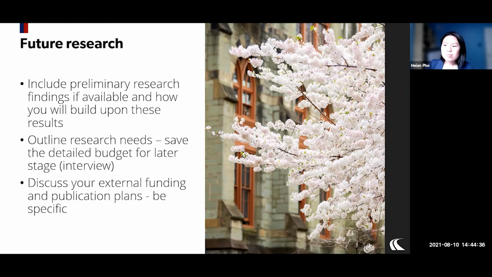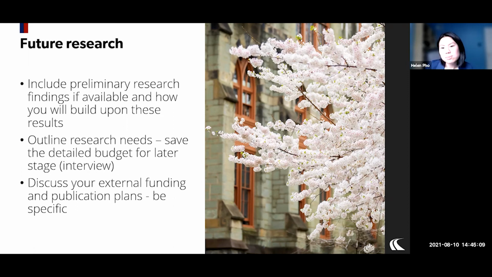A hugely important thing to keep in mind as you write about your future research is to discuss your external funding and publication plans. For this part, you have to be very specific about the external funding sources that you're going to apply for. If there is a particular grant within an agency that you're looking at, you want to name it and be very specific.